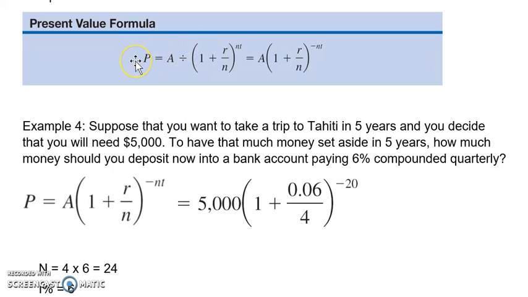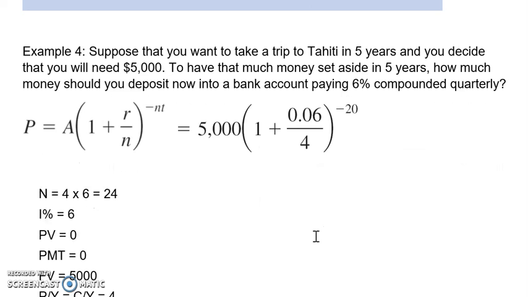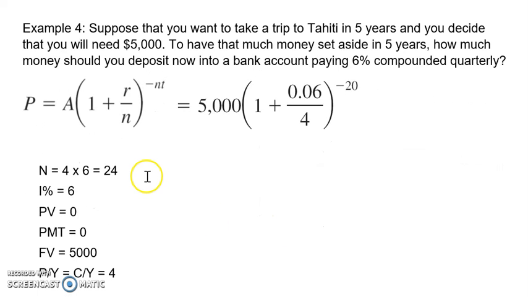You can see the present value formula is given on the top of the screen, as well as the values from the example inputted in the formula. However, I'm going to use the TVM solver to do this on my calculator.